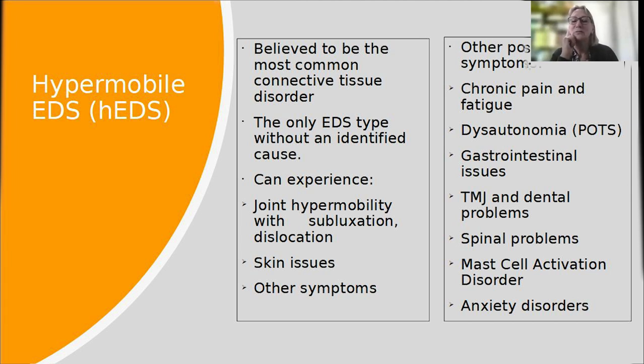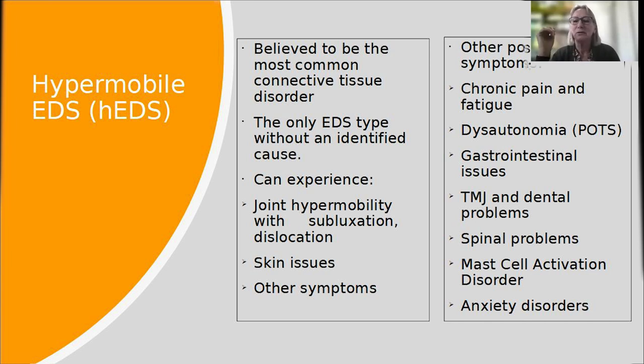You get dysautonomia, so you get the POTS or the orthostatic intolerance with the pounding heart when you stand up and dizziness and things like that. You get gastrointestinal issues. Because everything in the gut is slowed right down, you either get chronic constipation, bloating, terrible gas, or else you get the IBS kind of symptoms.